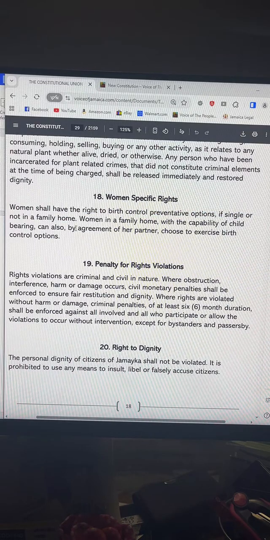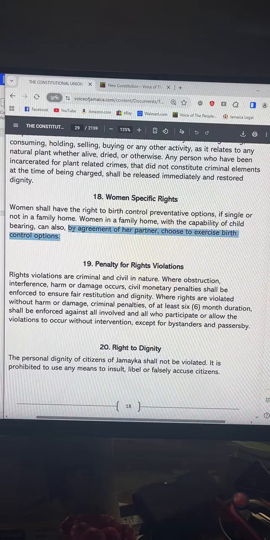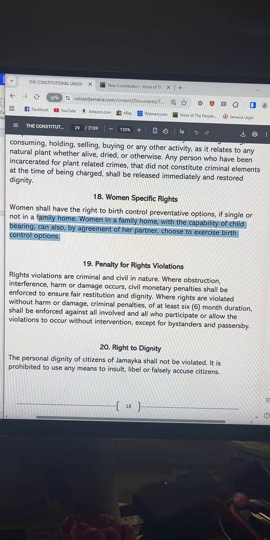If someone is in a family home or you're married or cohabitating, as they call it, you cannot make that decision on your own, because the home is not built by a single individual. Yes, it is your body, but a family structure has to be by agreement. It cannot be one person making a decision. So the birth control options that you would get over the counter, if you live with someone, you would need that person's agreement as well to get those options.